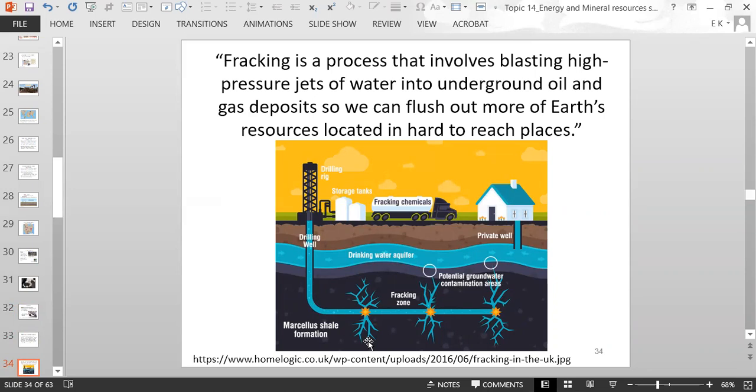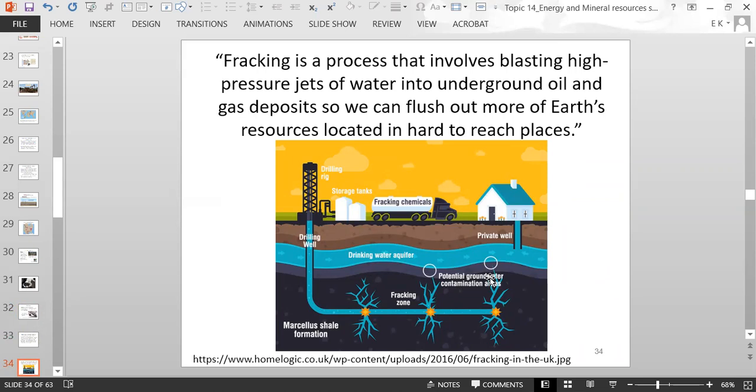Okay, so you fracture the rocks underground, and that allows for a release of the gas that's in the rocks. And then you're able to extract the gases. But also, the process could potentially contaminate groundwater in the local area. I've seen photos of people near fracking areas.